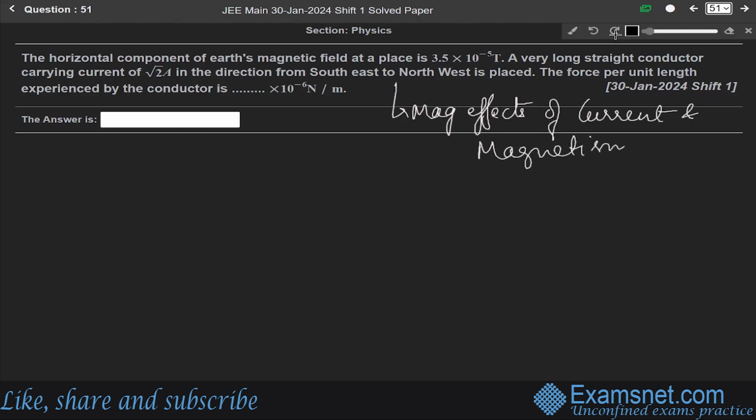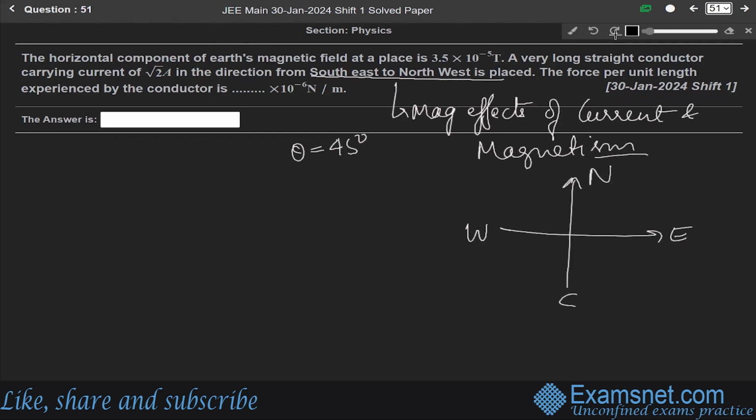Since in the question it is said that the straight conductor is placed in the direction from southeast to northwest, southeast to northwest means theta is 45 degrees.